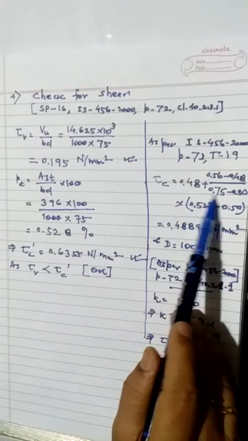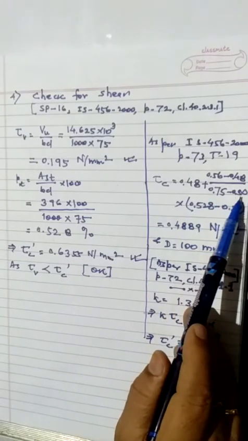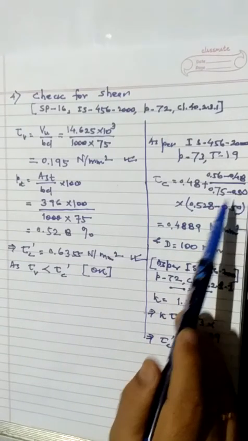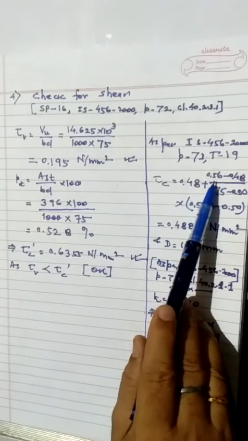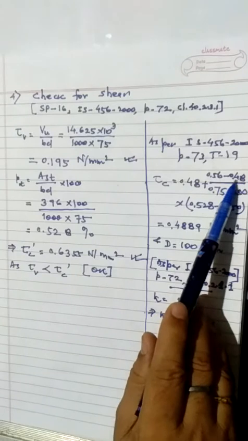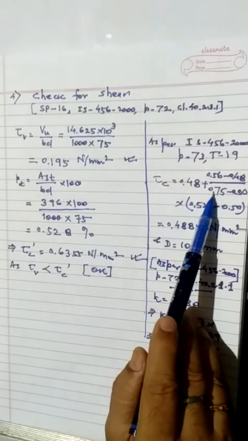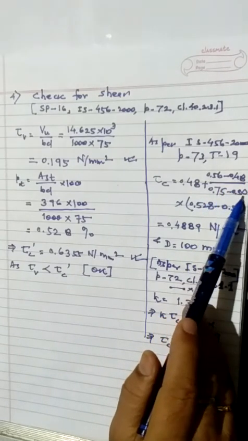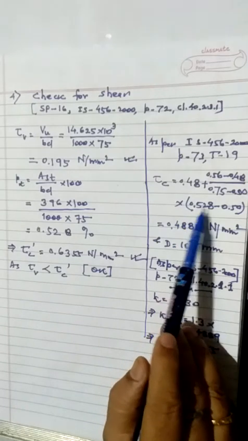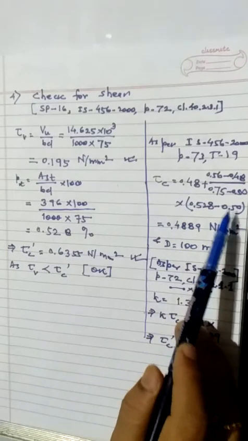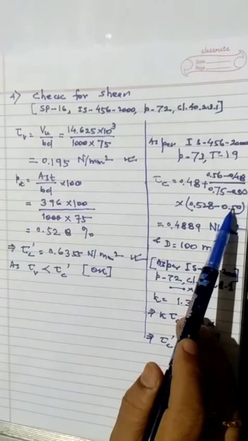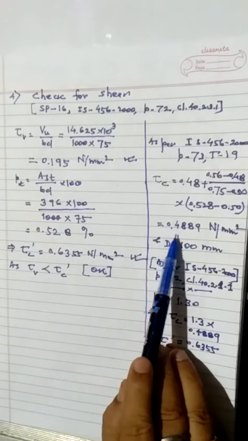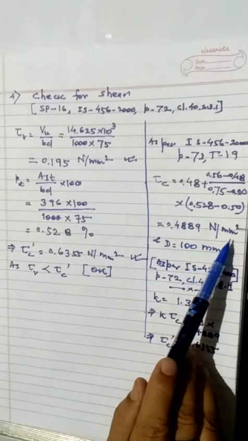We get between 0.5 and 0.75, that we get 0.48 plus (0.56 minus 0.48) divided by the range 0.75 minus 0.5, multiplied by 0.528, which is our value, minus 0.5. So with this we get tau C as 0.4889 Newton per millimeter square.